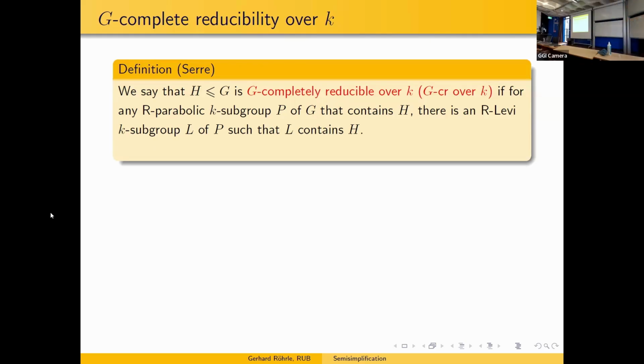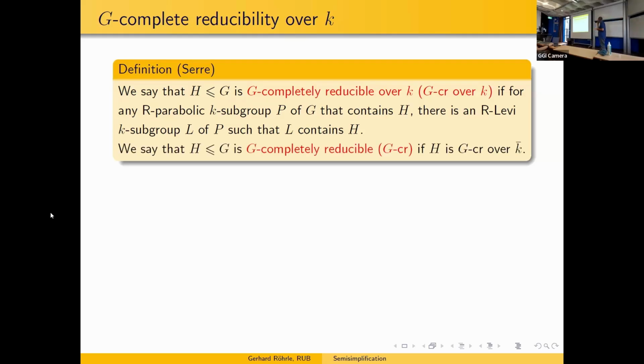I have a subgroup H, and it's G-completely reducible over K. It's quite a mouthful. I'll abbreviate it GCR over K if, whenever H lies in a K-parabolic subgroup P of G, it actually lies in a K-Levi subgroup L of P. Right? This is exactly the analog that we had: this H' in GL_n lay in such a Levi.